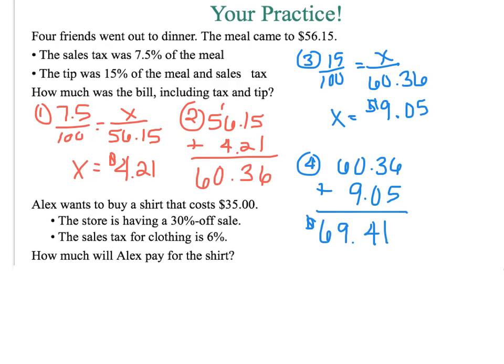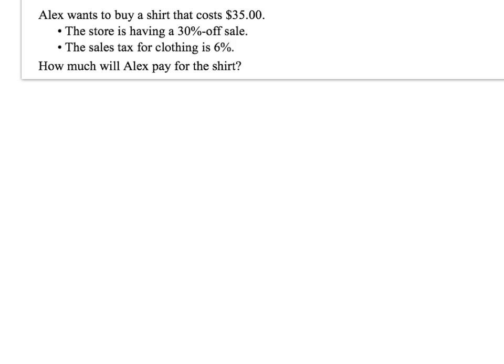Alright, solve this second one on your own and pay careful attention to what each of the percents represent. Alright, so my first step for this problem is to calculate the discount. So I'm going to do 30 over 100 equals X over 35, and I get X equals $10.50 for my discount.